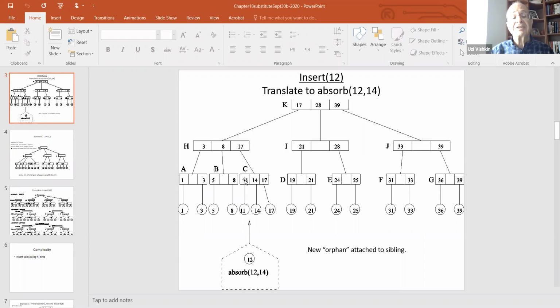Obviously, when I have C and C left, I have 11, 12, and 14, 17, right? And then I'll go up, I will have here 3, 8, and then I'll have here whatever precedes, I'll have 12 and 17, and then I split. So I need to be sure that I can copy the values.